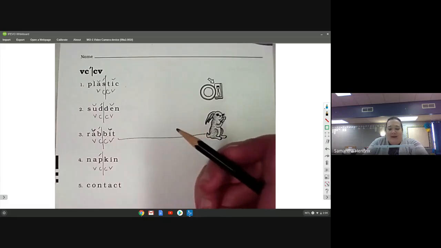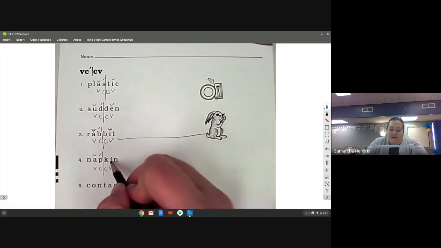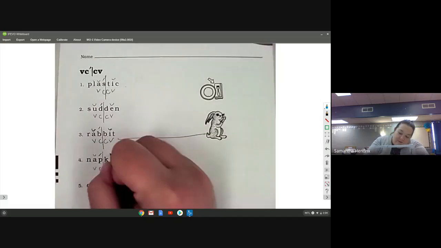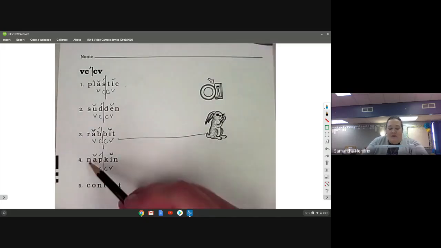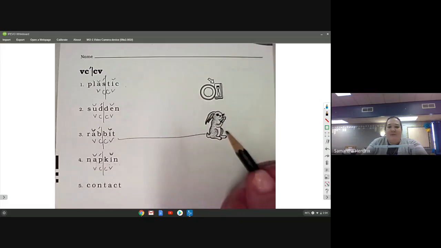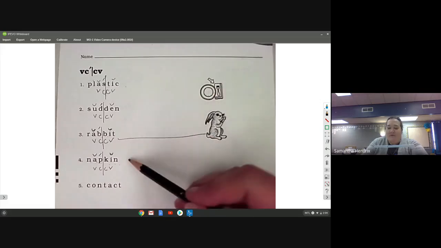And then code your vowels. A vowel followed by a consonant is short. A vowel followed by a consonant is short. Okay. Now we can pronounce this word. Napkin. Napkin. Good job. Oh, here's a picture of a napkin. This little arrow is pointing to the napkin. So I'm going to draw my line right there.